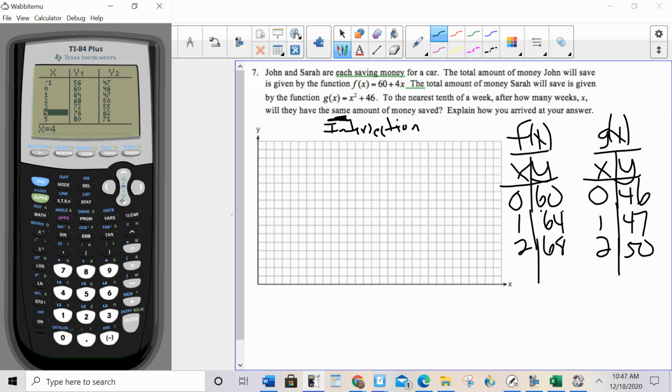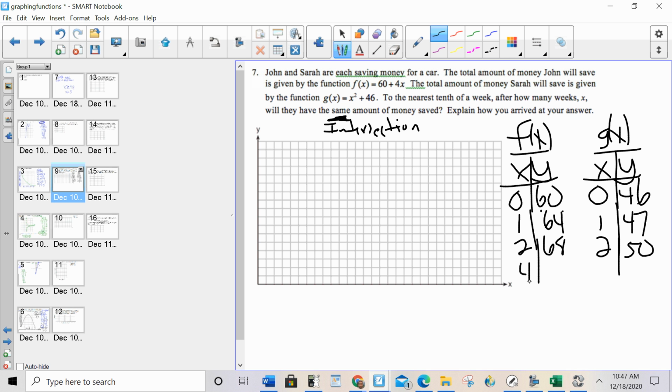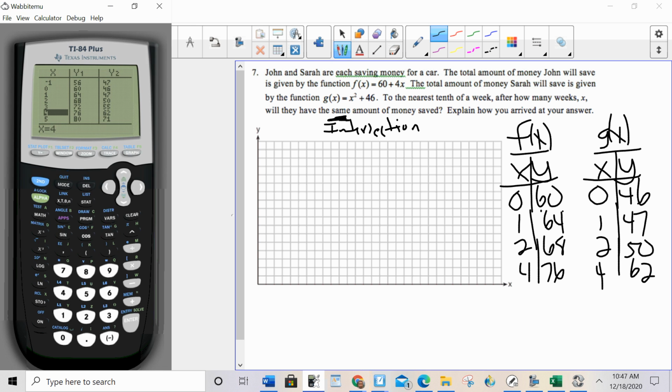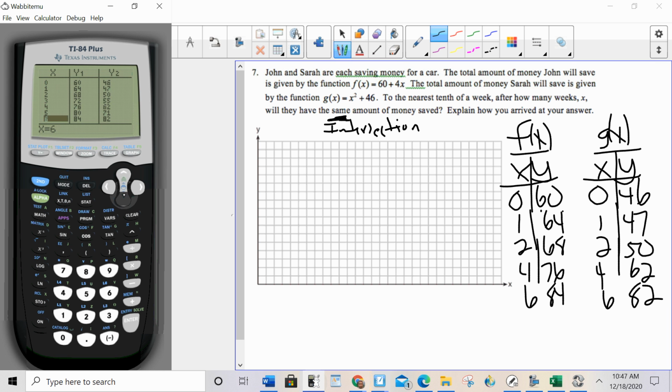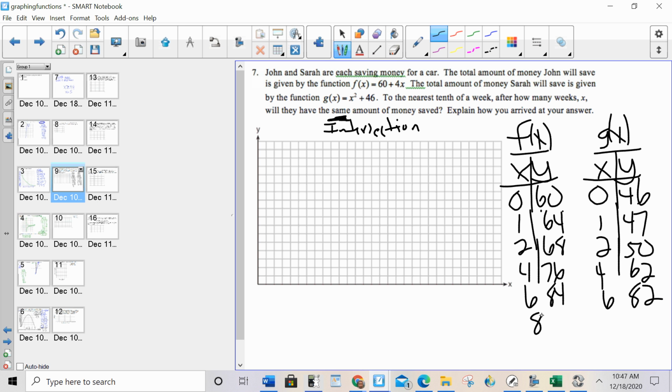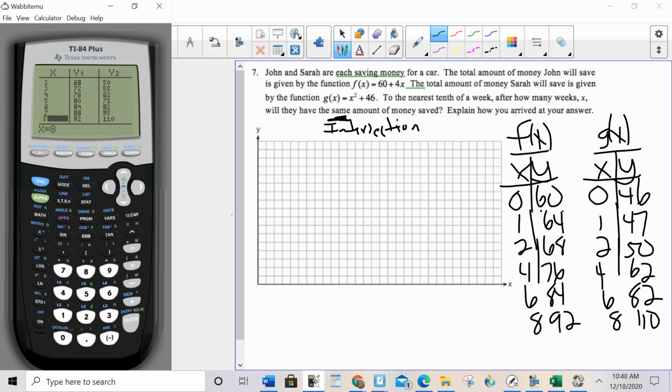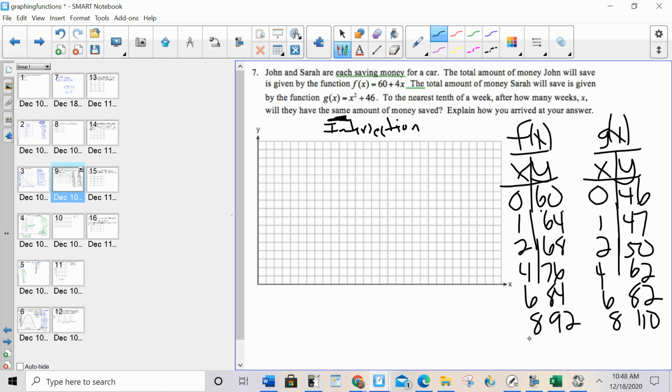4 is going to be 76 and 62. 6 is 84 and 82. 8 is 92 and 110. 10 is 100 and 146.